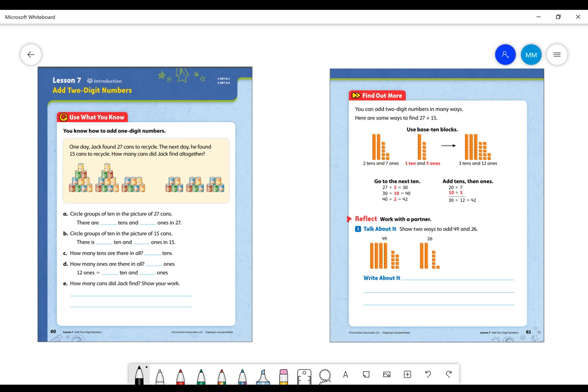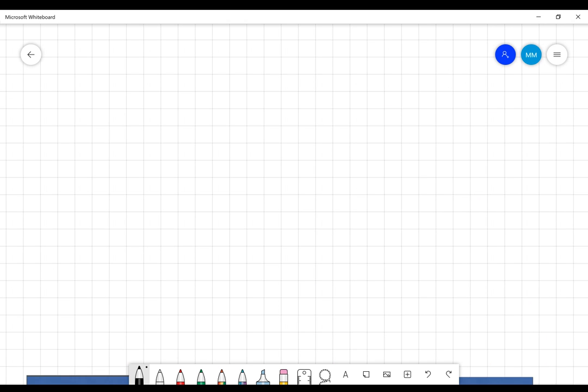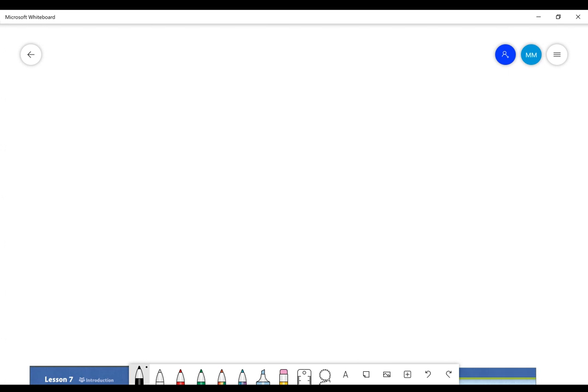So I want you to think back to first grade when you saw something like this. Does this look familiar? So in 23, that is a two-digit number.